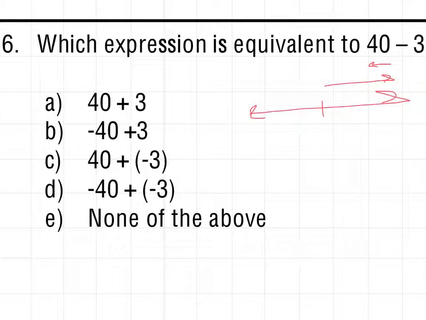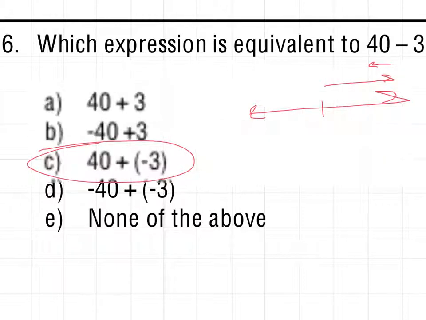So this same idea is taking away. So this is answer choice C. This is actually the beginning of our lesson for today. It's thinking about this idea that there's an equivalent way to write subtractions. And here we can see that the equivalent way would be 40 plus negative 3. So let's go ahead and flip on over.